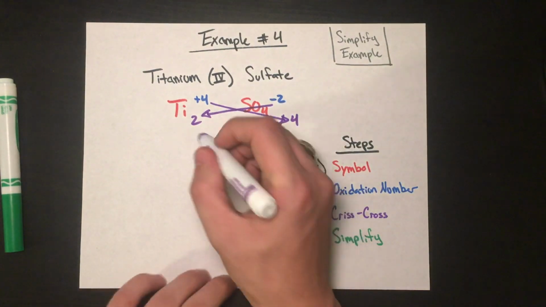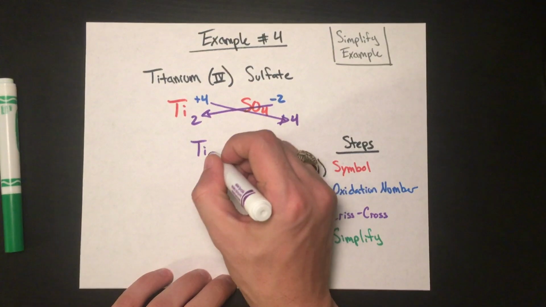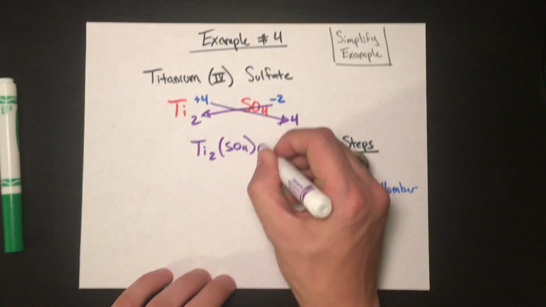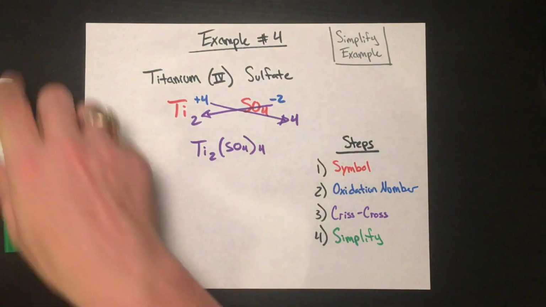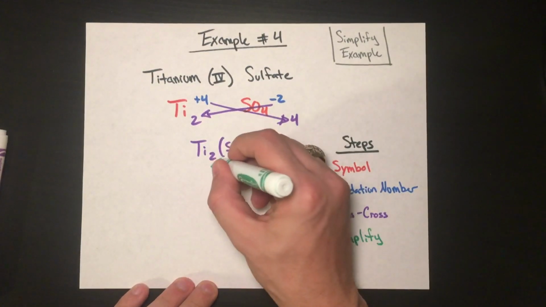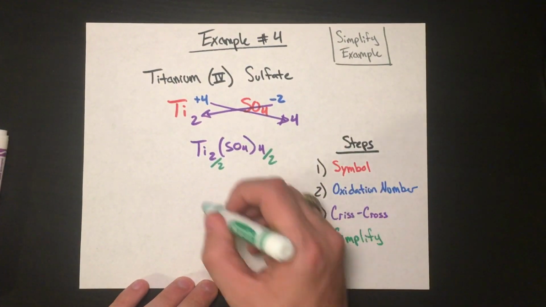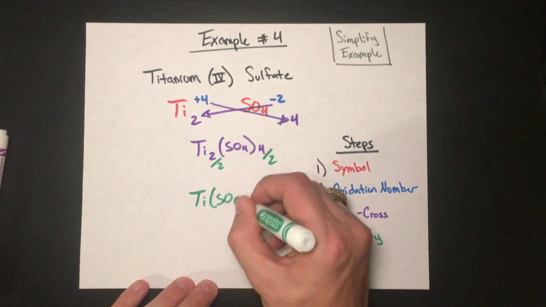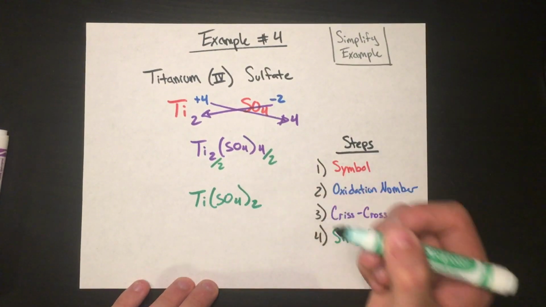And so now what I'm going to do is write Ti2(SO4)4, because now you can see that we have a 2 and a 4, which we can simplify by dividing by 2, which means our new compound is Ti(SO4)2.